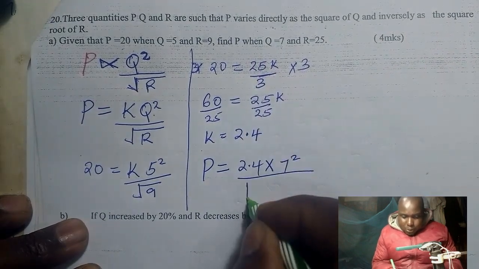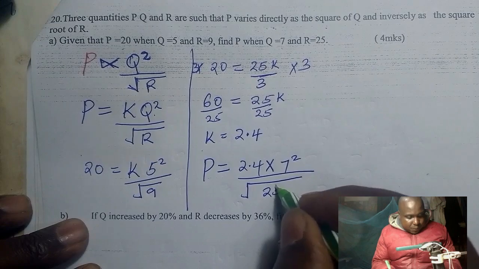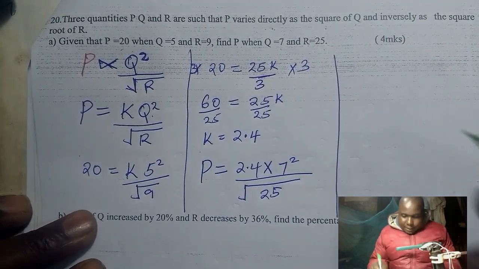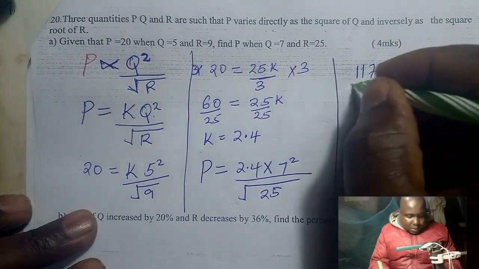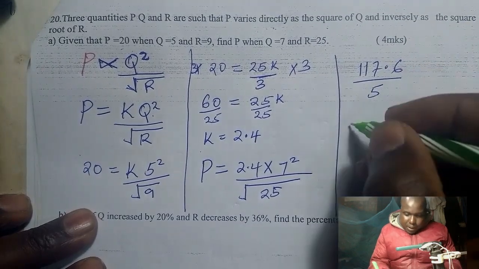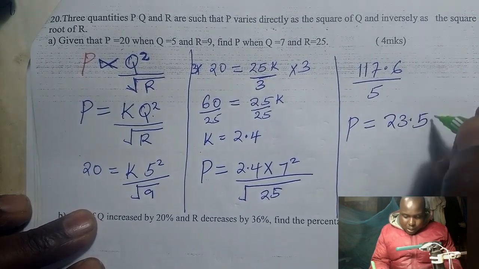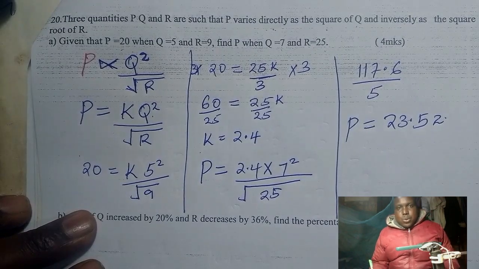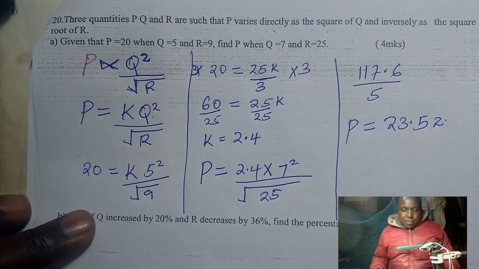We divide by the square root of 10. This gives 117.6, divided by the square root, and P will be 23.52. As simple as that, you get your 4 marks.